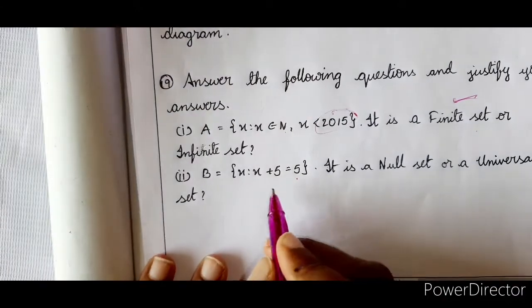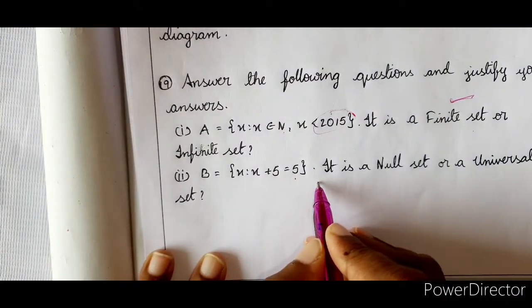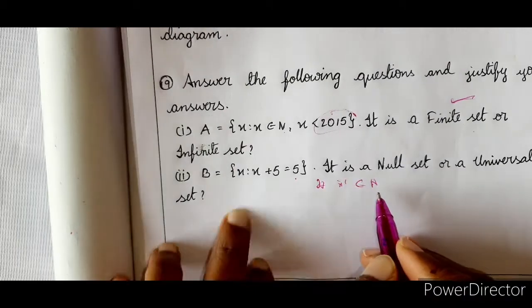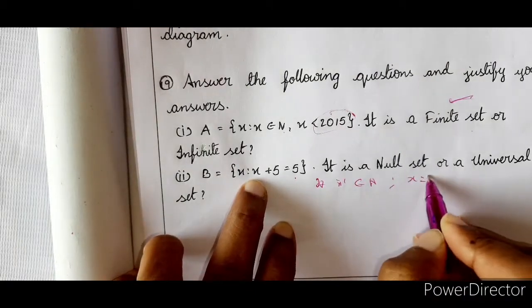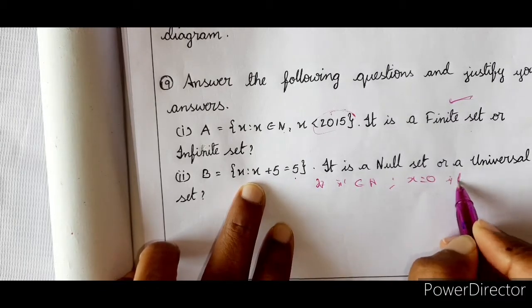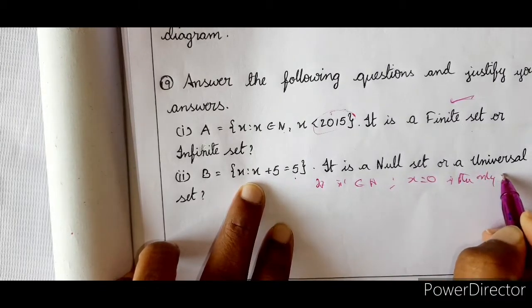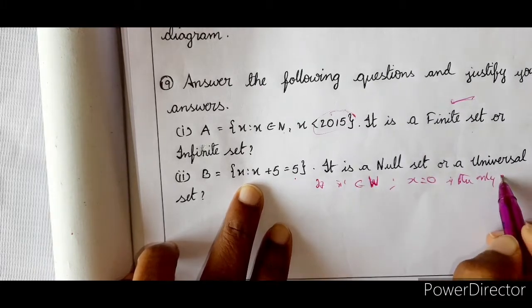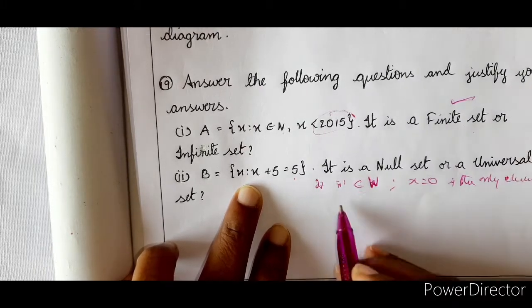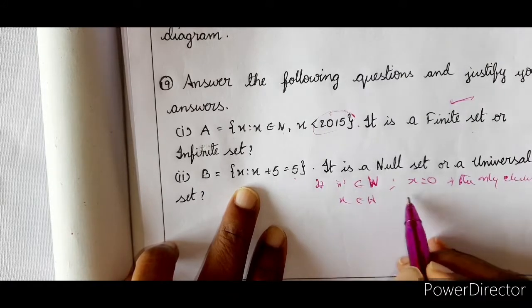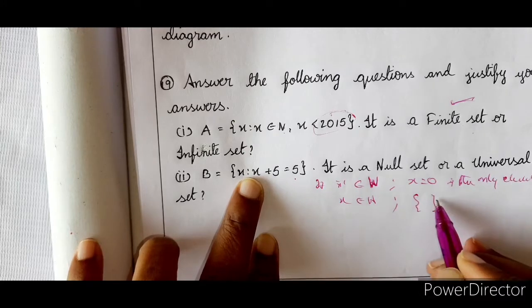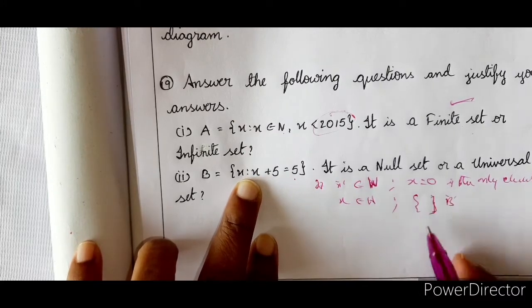I'll take, therefore, in the question, if x is a natural number, if x belongs to N, then x is equal to 0 is the only element. Sorry, if x is a whole number, x equal to 0 is the only element. If x belongs to N, then it is an empty set. B is an empty set.